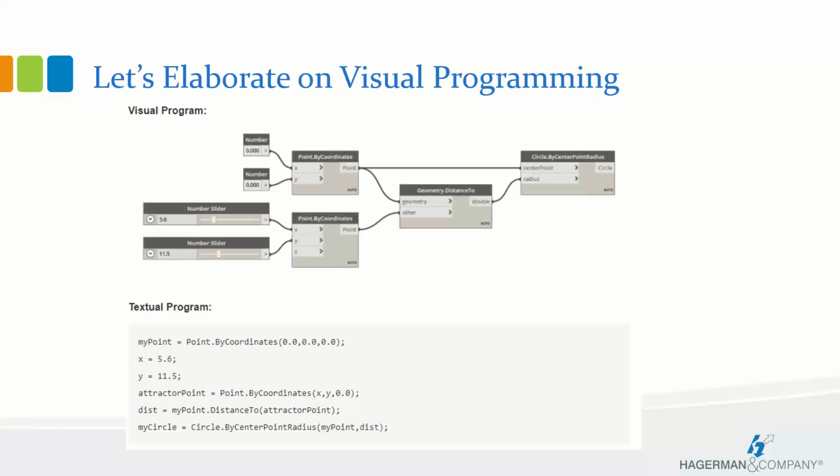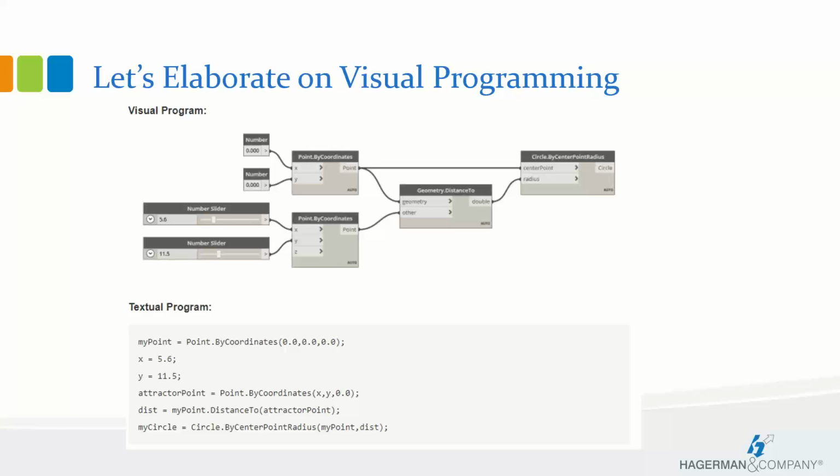So, not to oversimplify this, but when I am referring to a program or programming, all I am looking for is a set of instructions. This slide shows two types of programs, a visual program as well as a textual program.